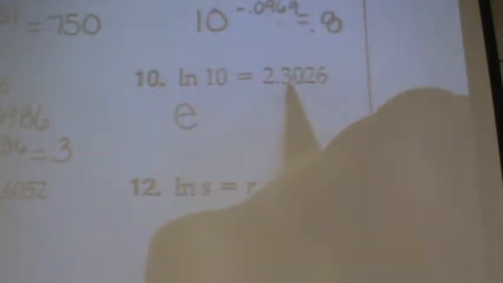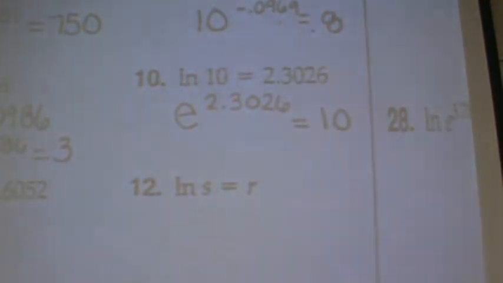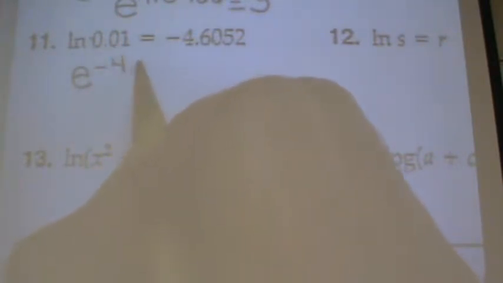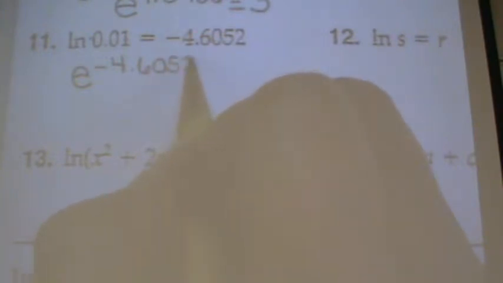E. So this would be e to the 2.3026 power is equal to 10. Number 11. What would that be? E to the negative 4.6052.